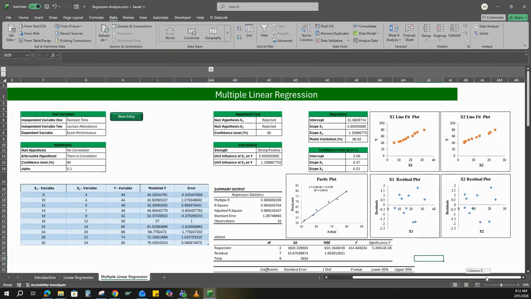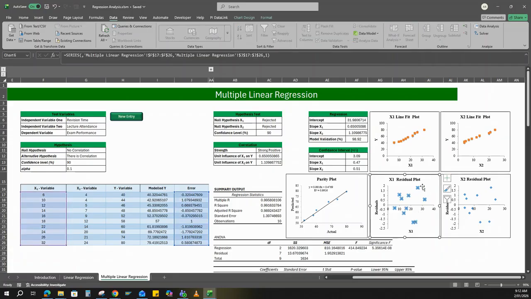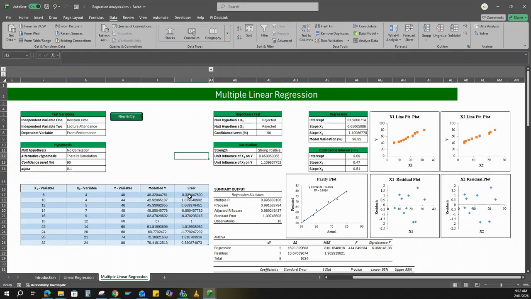Now on this side, these are the plots. At the top you can see the X line plots, X1 for independent variable 1 and for independent variable 2. Down below is the residual plot. This is essentially the plot of the errors for variable 1 and for variable 2. And on this side is the parity check.